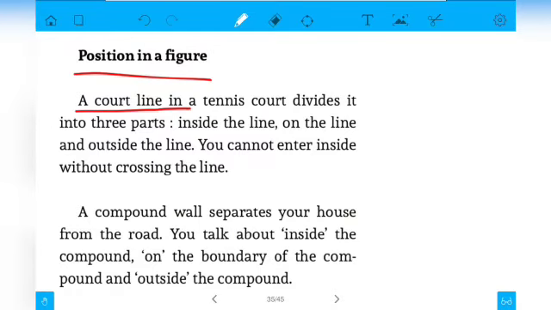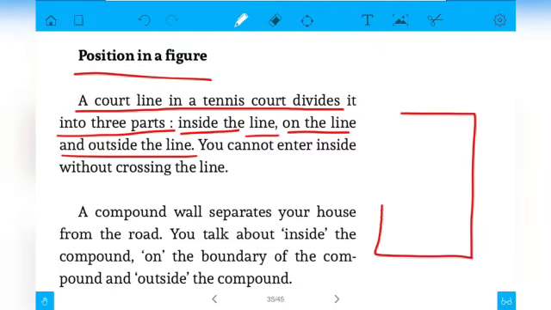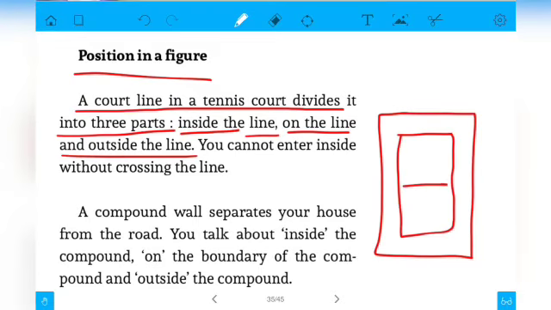Now, position in a figure. A court line in a tennis court divides it into 3 parts: inside the line, on the line and outside the line. For example, this is a tennis court. You will see there is a line in which there is a net. This is on the line, this is outside the line and this is inside the line. You cannot enter inside without crossing the line.